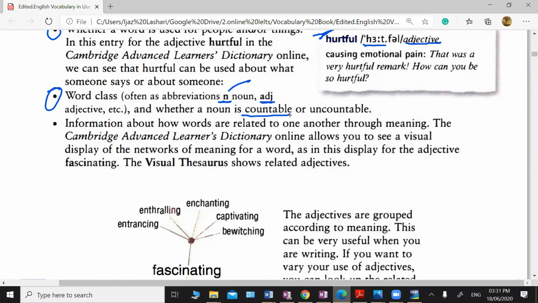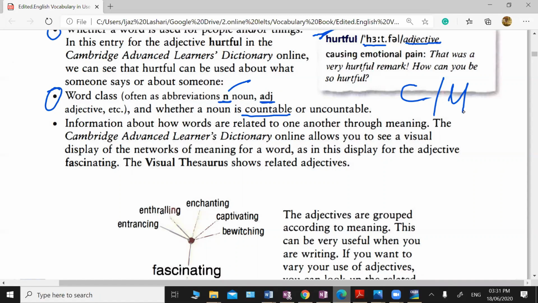Sometimes it says C, sometimes it says U. C means it's countable, it can be counted like 1, 2, 3, 4, 5, but uncountable cannot be counted, the things which you cannot count. Like rice, milk, juice, so many uncountable nouns.